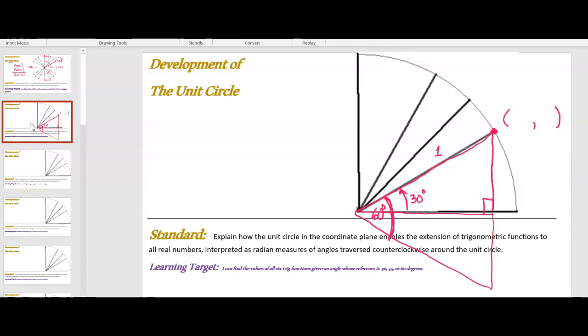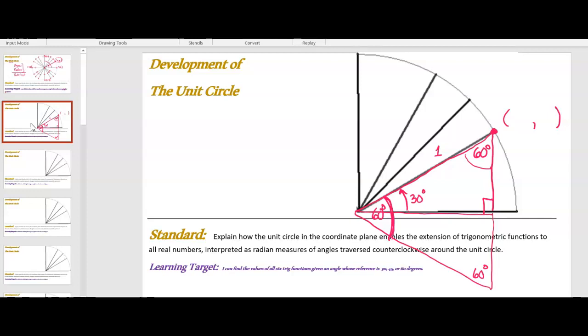I also know, and this goes way back to geometry, that in a right triangle, this angle is 90 degrees. That means the other two angles add up to 90. So if this little angle is 30 degrees, then this angle over here is 60 degrees. So if this angle is 60 and this angle is 60, then this angle is also 60 degrees, which means the large red triangle I've just drawn is an equilateral triangle.